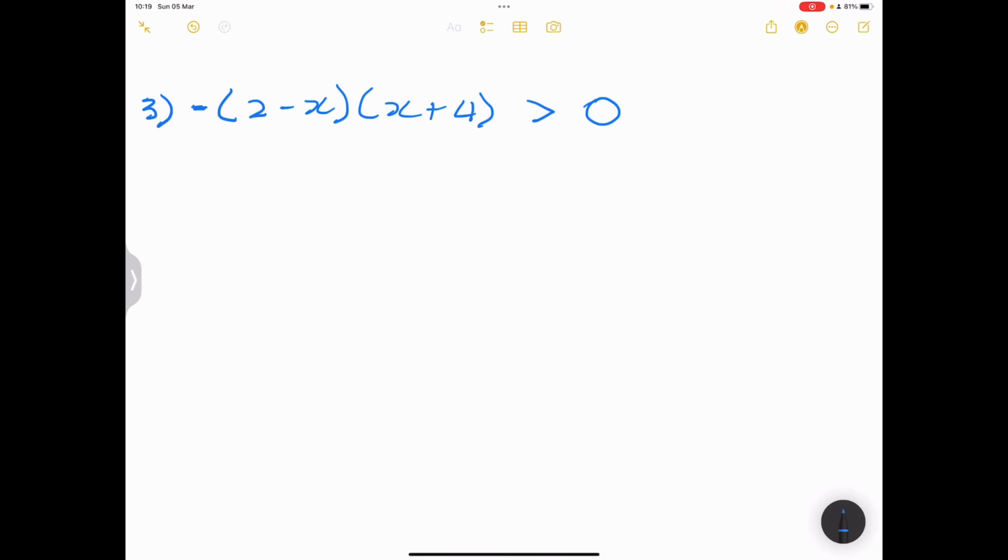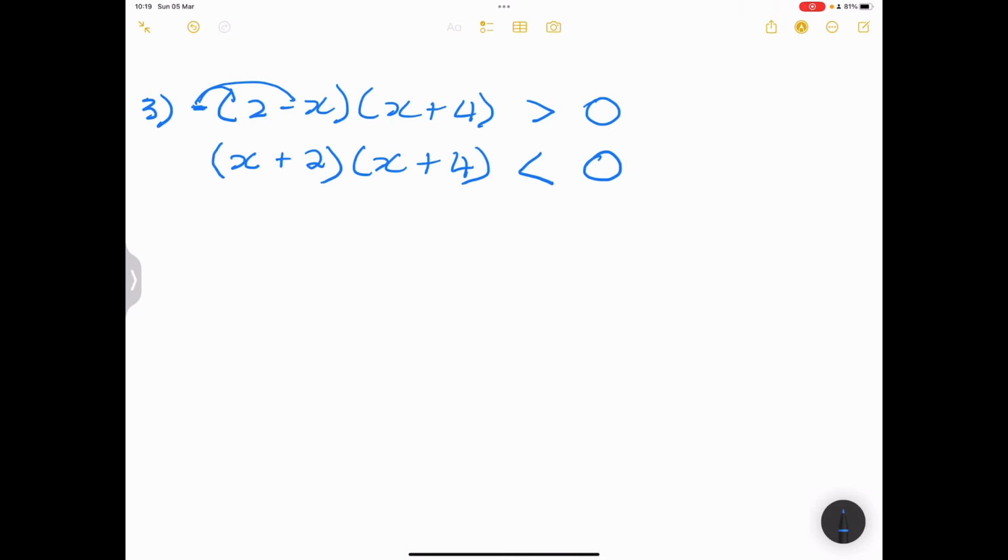So I can now change this bracket inside. If I multiply this negative through, this now can change into negative 2 plus x, but I'm going to put it as x plus 2. I keep this exactly the same, x plus 4, but now it's going to be less than 0.